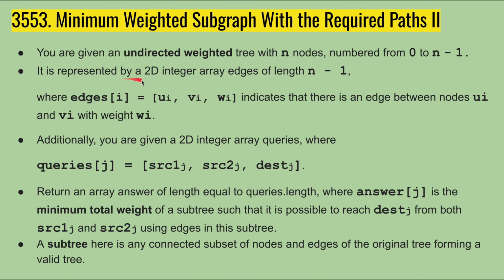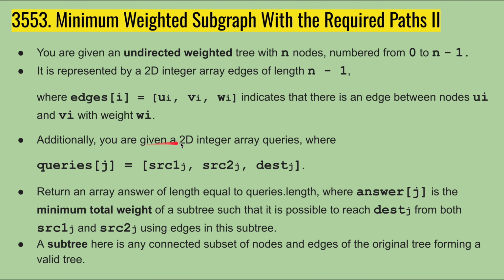It is represented by a 2D integer array edges of length n minus 1, where each index contains three things: U, V, and W. It indicates that there is an edge between node Ui and Vi with the weight Wi.